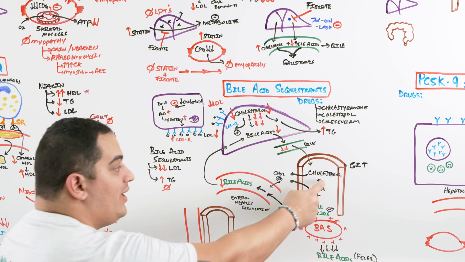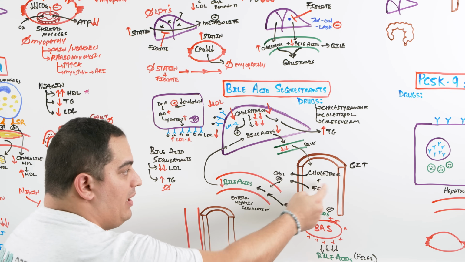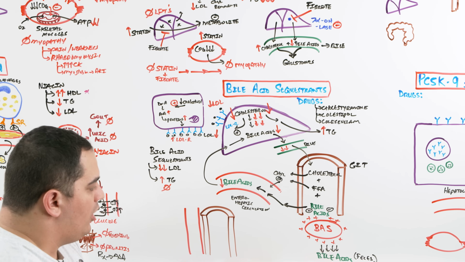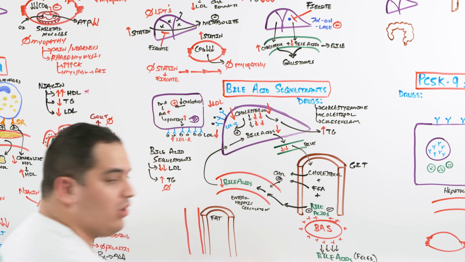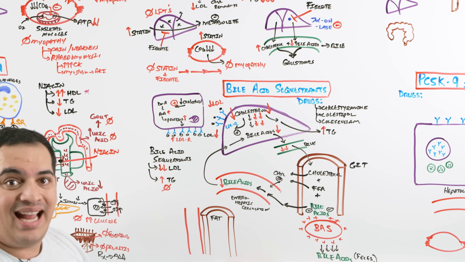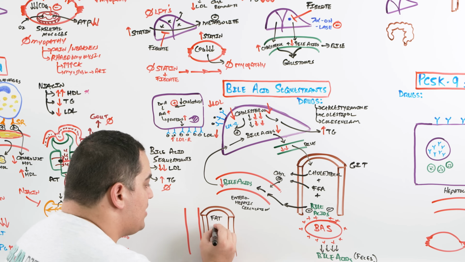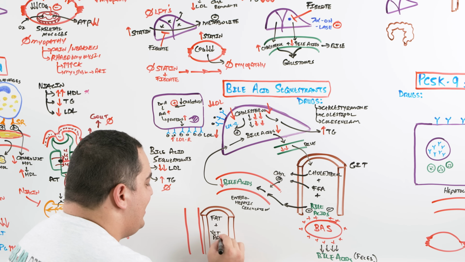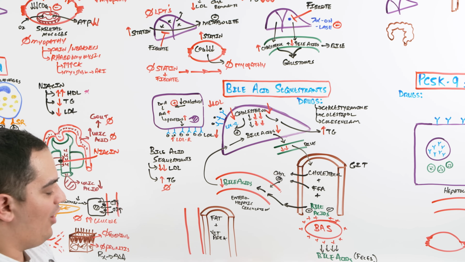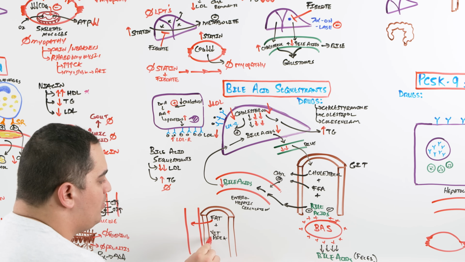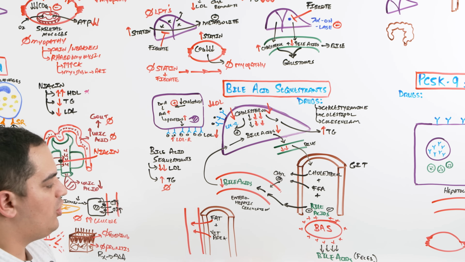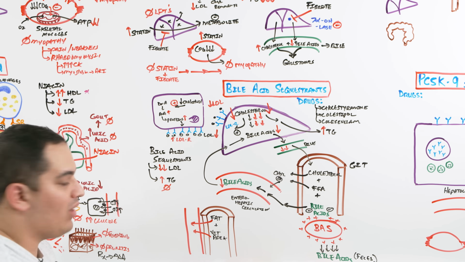Well, not only are cholesterol and free fatty acids being absorbed important with bile acids, but guess what else? Whenever you're absorbing any kind of fat, whether that be cholesterol, free fatty acids or anything like that, guess what else combines with that? Vitamins A, D, E, and K. And in order for us to absorb fat and fat-soluble vitamins, what do I need to facilitate this process?